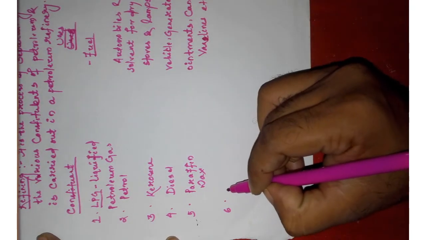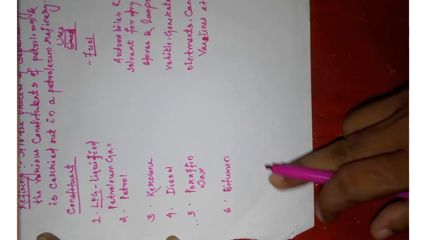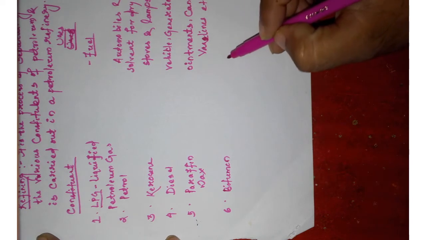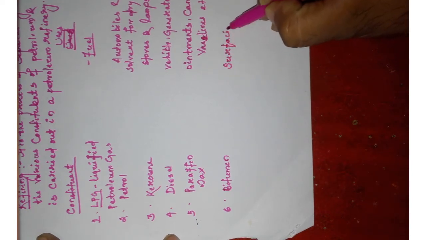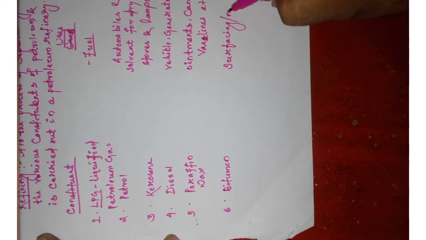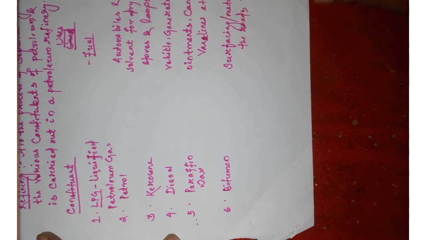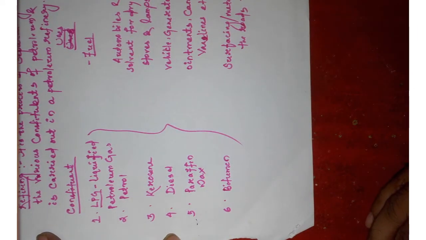Next, bitumen. Bitumen is a product used for making paints or surfacing or metalling the roads. These are the various components that are obtained from petroleum during refining.